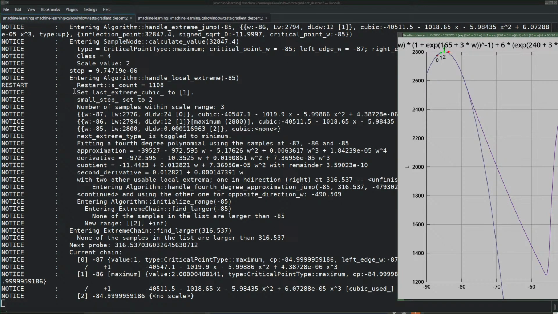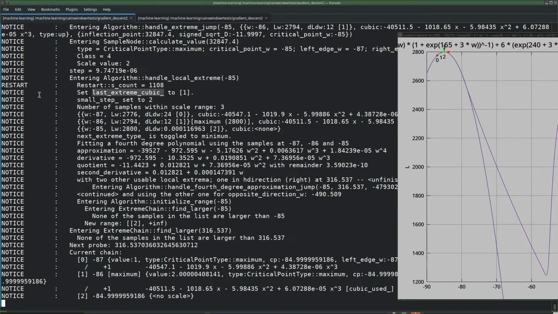This is new debug output. Last extreme is now set to 1, as in 1, 2 cubic.